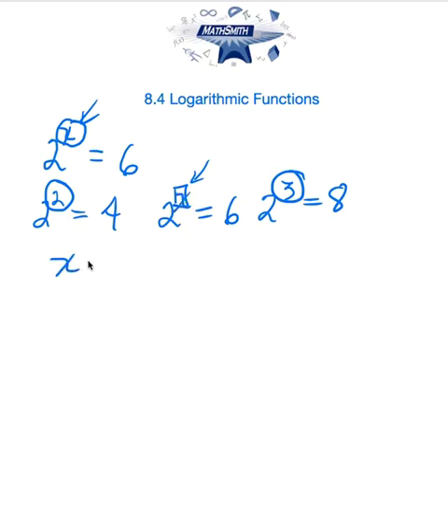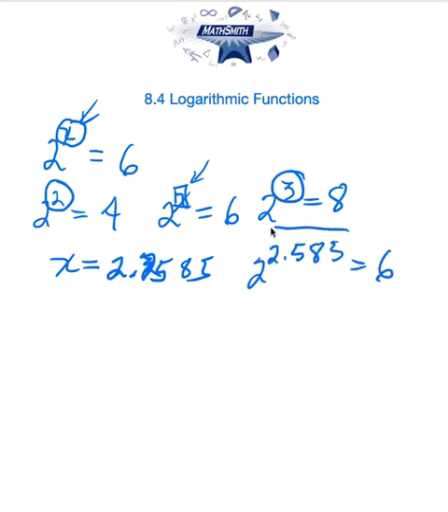It turns out that x is equal to 2.585. In other words, 2 to the 2.585 equals 6. How would you figure that out in general? You don't have those tools at this point, and that's why we need logarithms to do that.